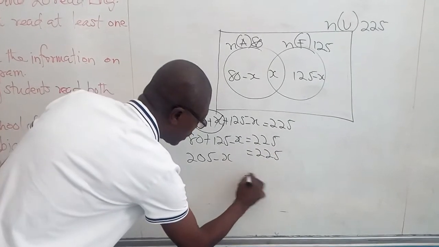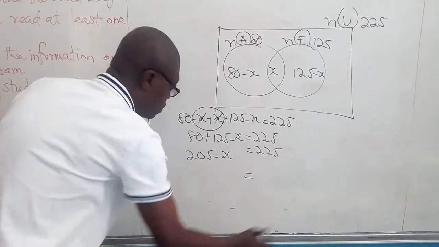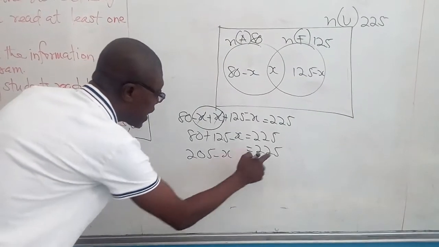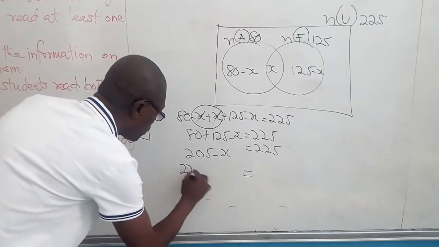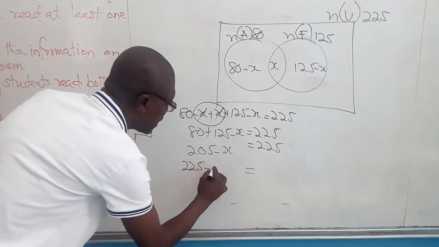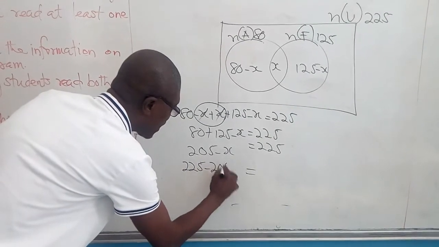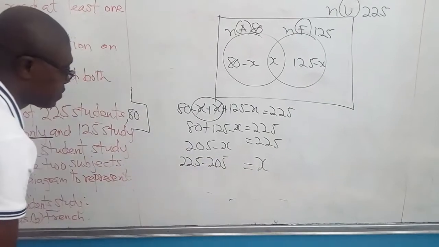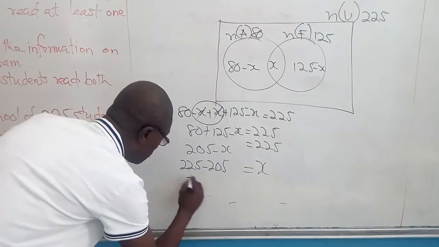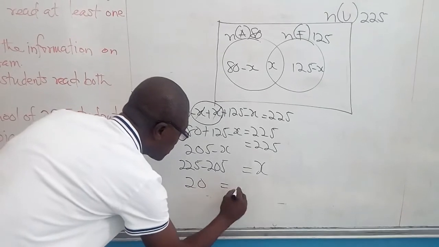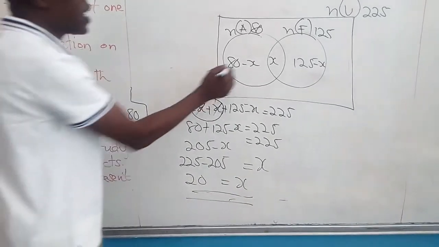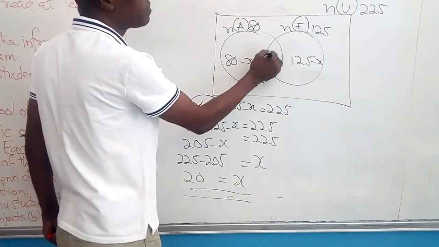So we group the like terms together. 225 minus 205 equals x. So this will be 20 equals x. Yes. So now our x is supposed to be 20.